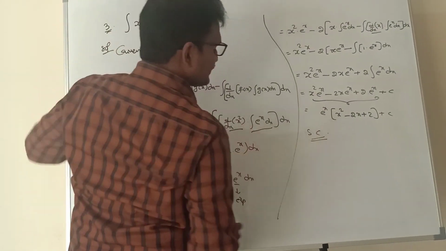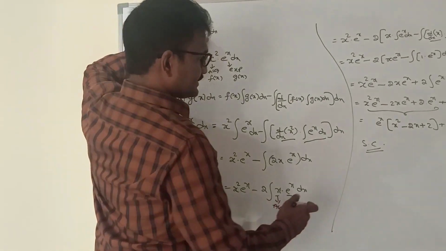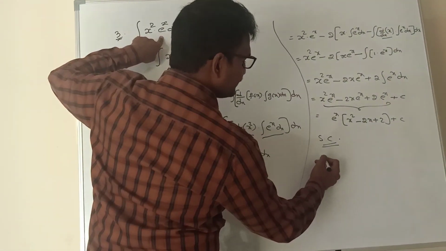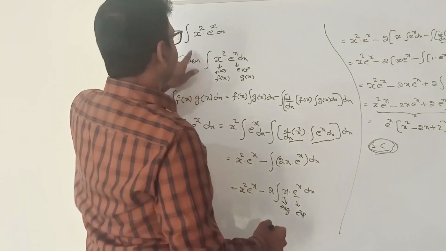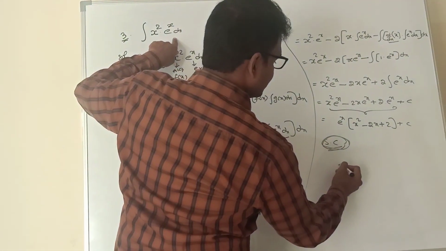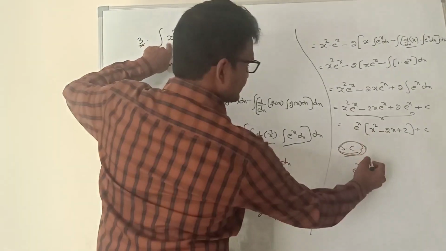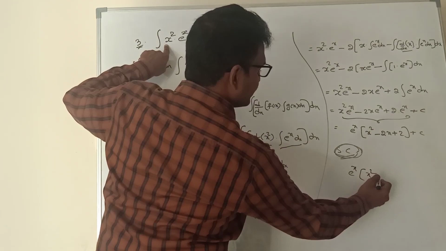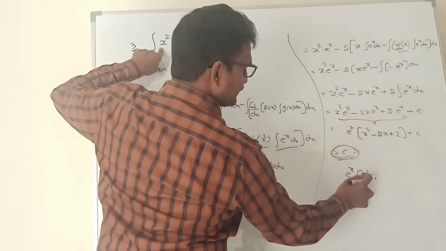See, if you observe this problem, there is a shortcut for it. For the integration of x square into e power x, how do you do the same problem in a competitive exam? It is e power x into x square, minus, plus, alternate signs will come: here plus, here minus.